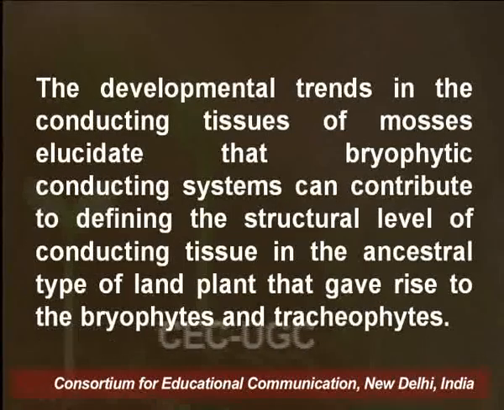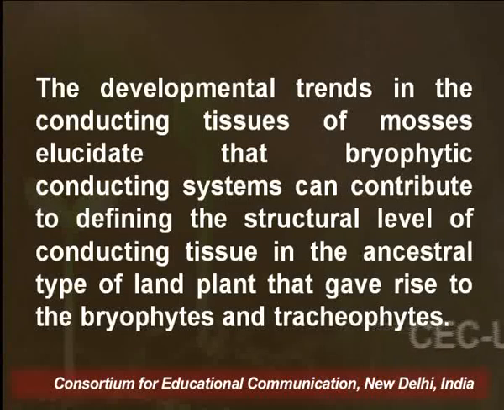The developmental trends in the conducting tissues of mosses elucidate that the bryophytic conducting system can contribute to defining the structural level of conducting tissues in the ancestral types of land plant that gave rise to bryophytes and tracheophytes.